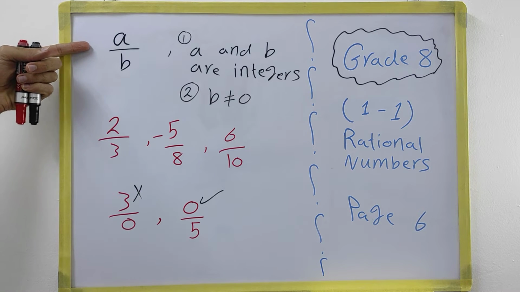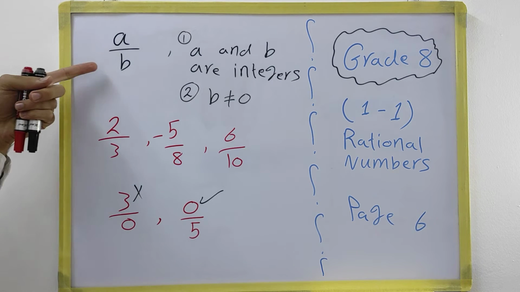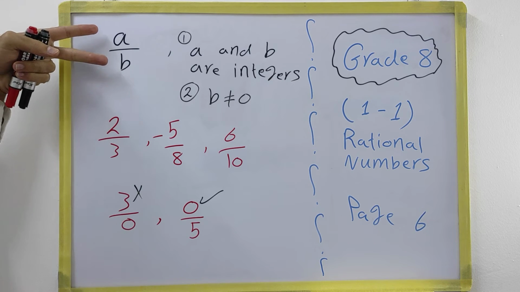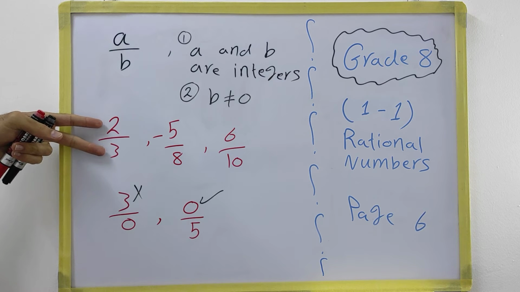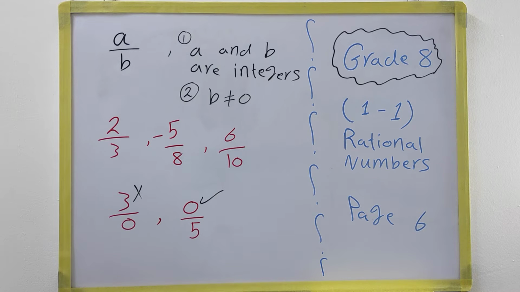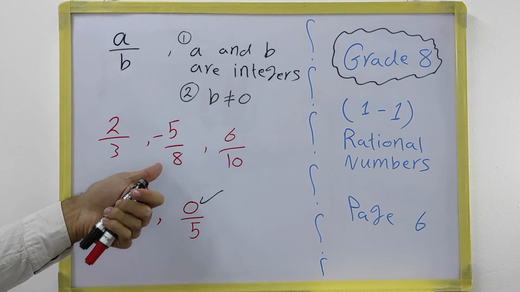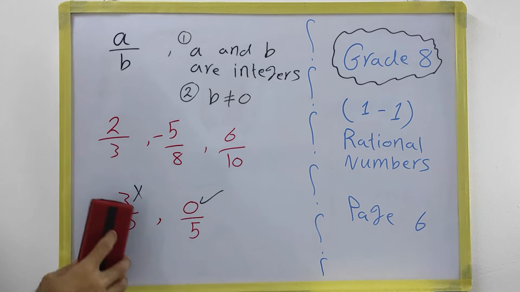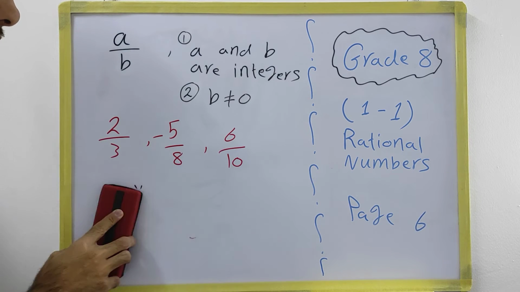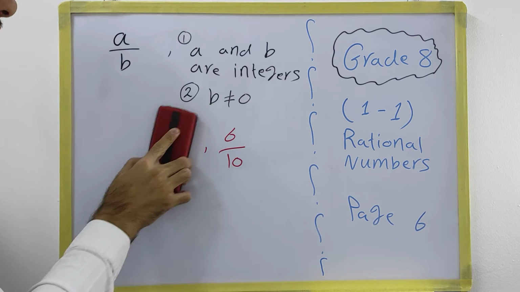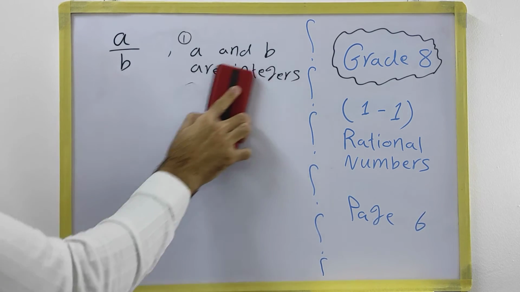Any number that we can write in the fraction form where the denominator is not 0 and both of them are integers, integers we know: 0, positive integers, negative integers. If it's composed like that, yes, it is a rational number. If it's not, we cannot say that it is a rational number. This is the first one.